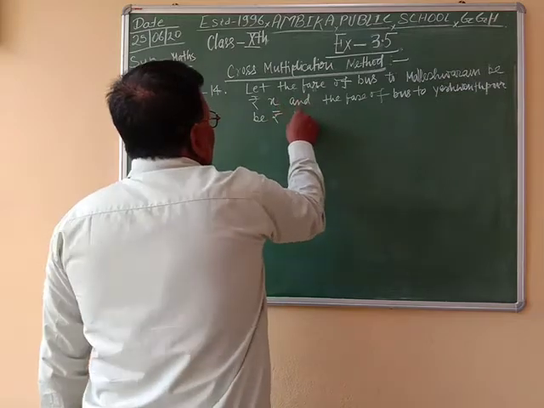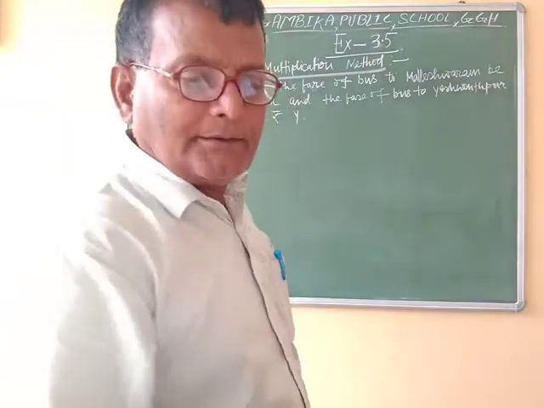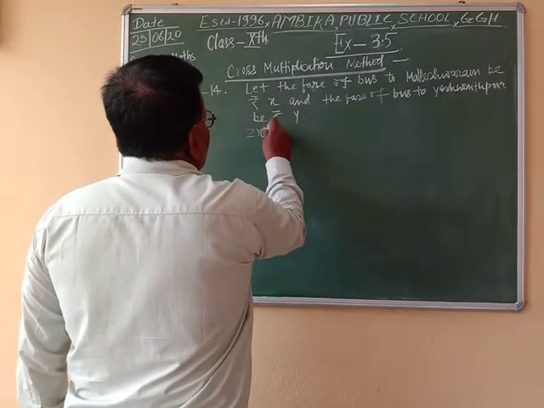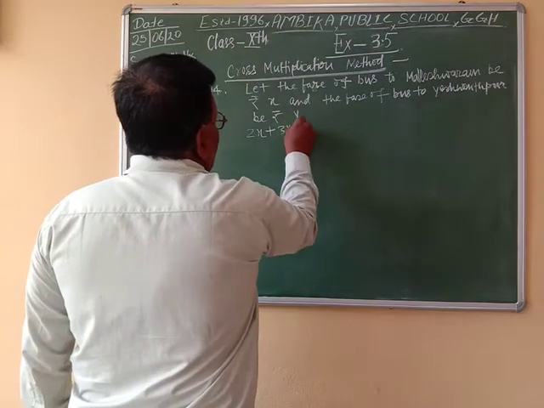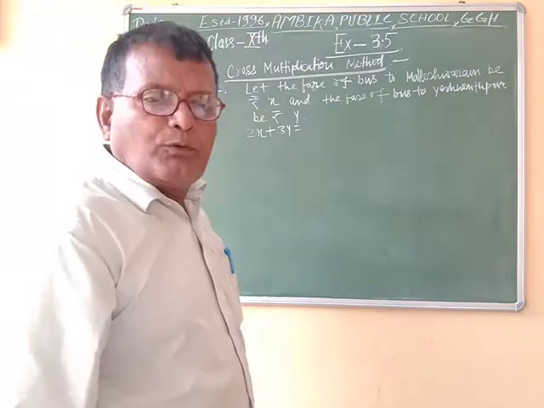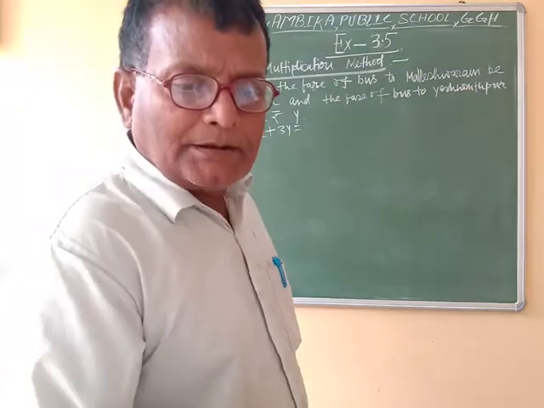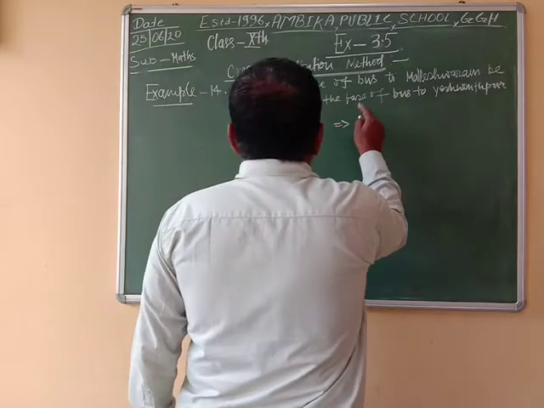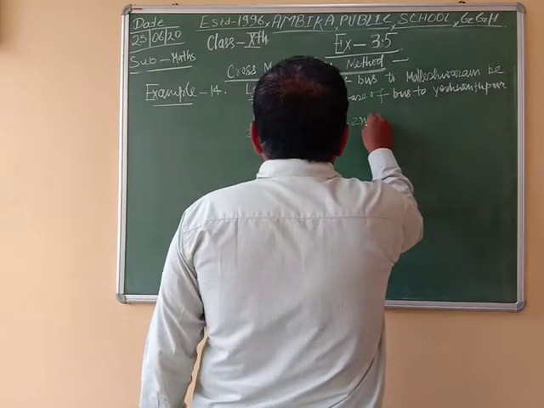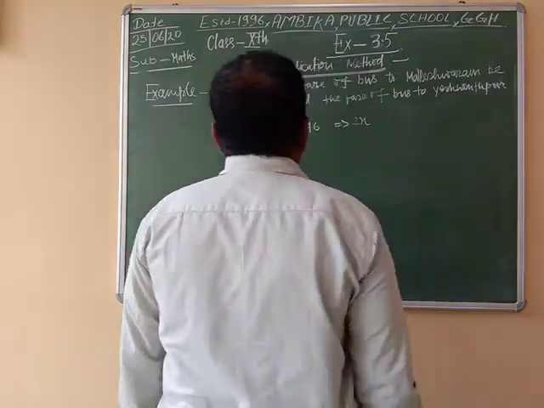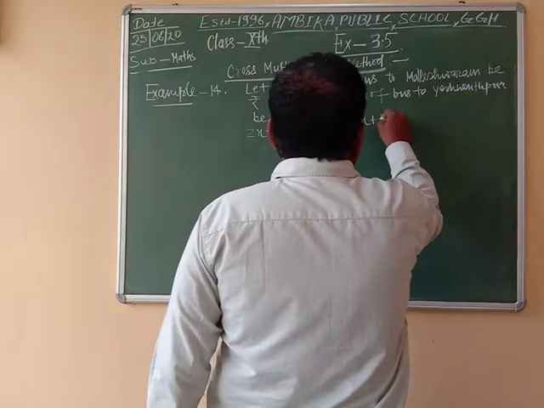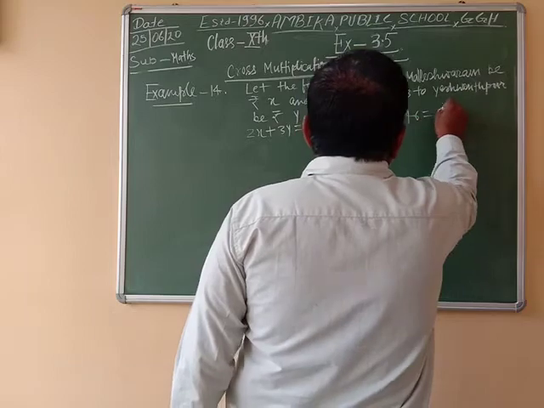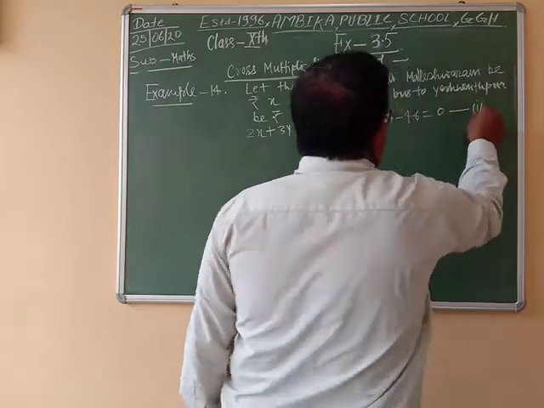Then according to condition 1, 2x plus 3y is equal to 46. We can write 2x plus 3y minus 46 is equal to 0. Equation number 1.